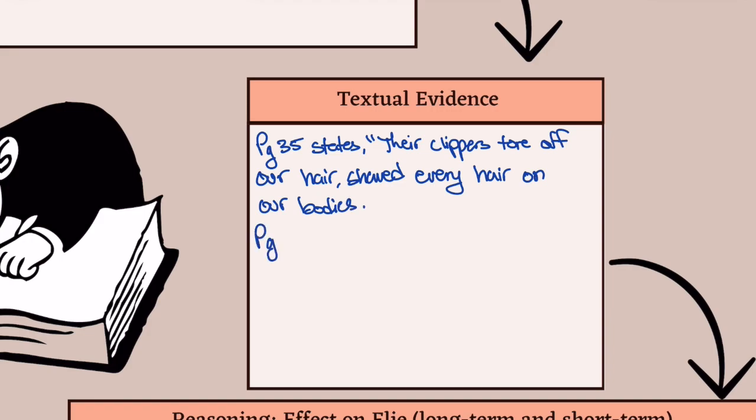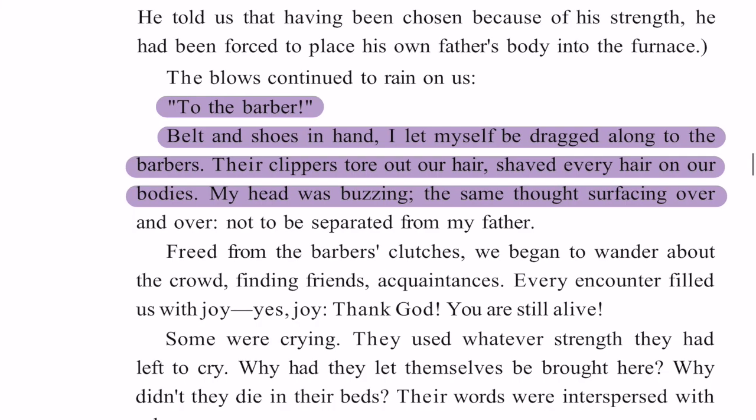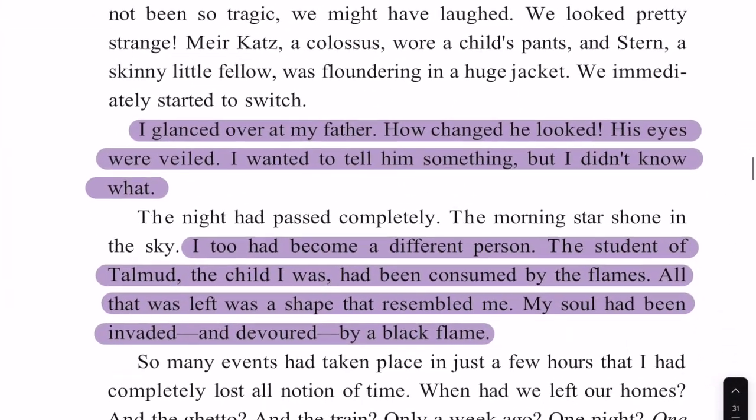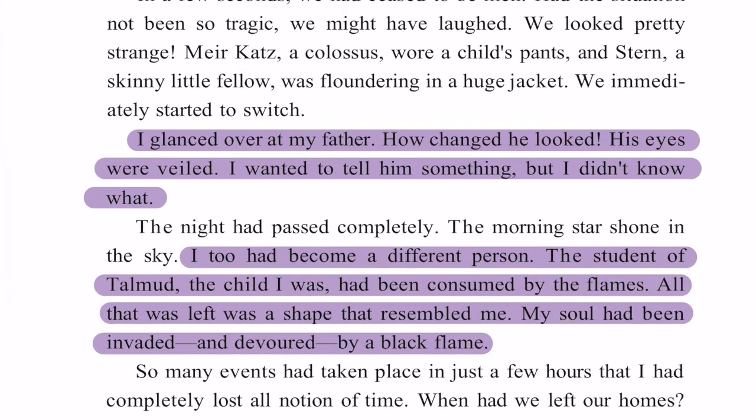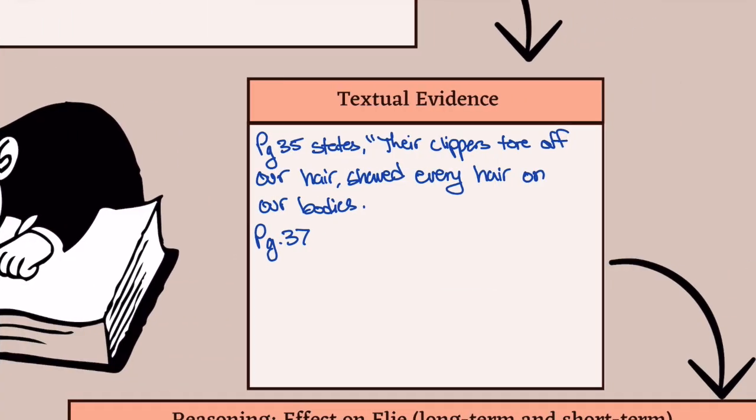If we go to page 37, when he says he looked at his father, right? He says, "I looked at my father and how changed he looked. His eyes were veiled." I want to write that actually. That's a really good piece of evidence here. Page 37 states, "I looked at my father.